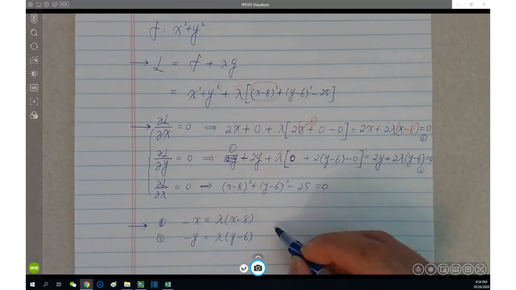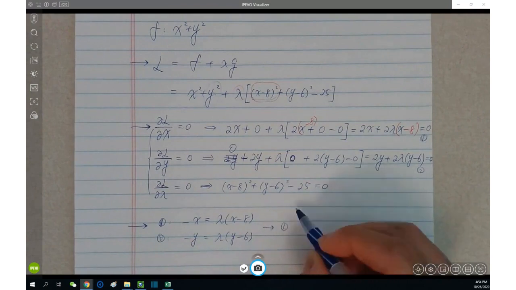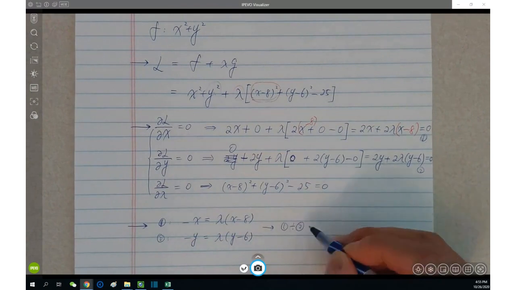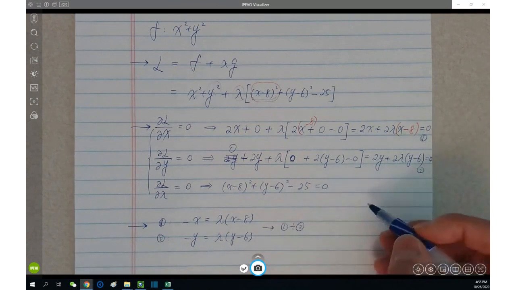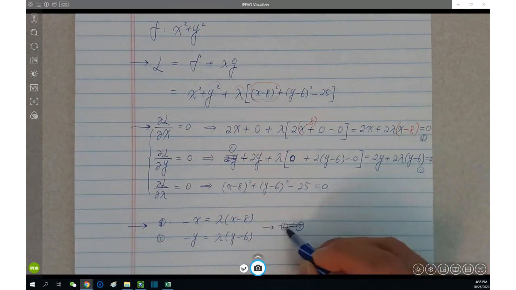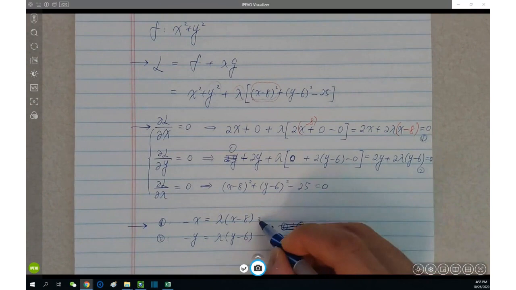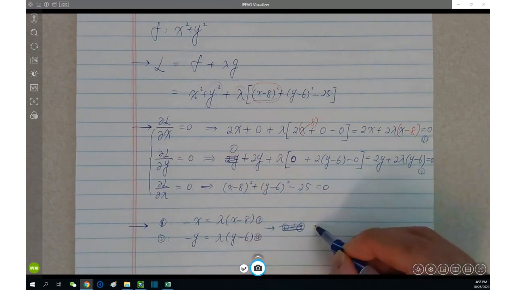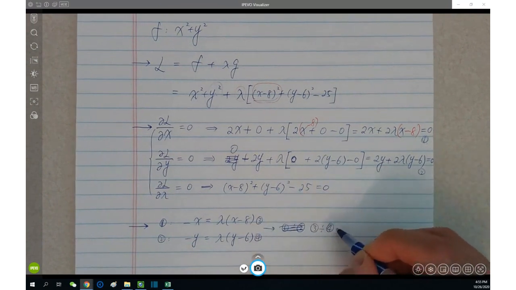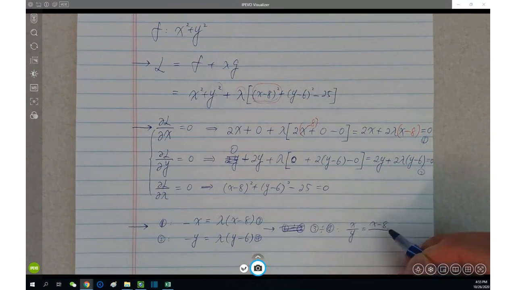What you want to do is use number 1 divided by number 2. Well, these are not number 1 and number 2 anymore. This is number 3 and number 4. 3 divided by 4, what do you got? X over y equals x minus 8 over y minus 6.